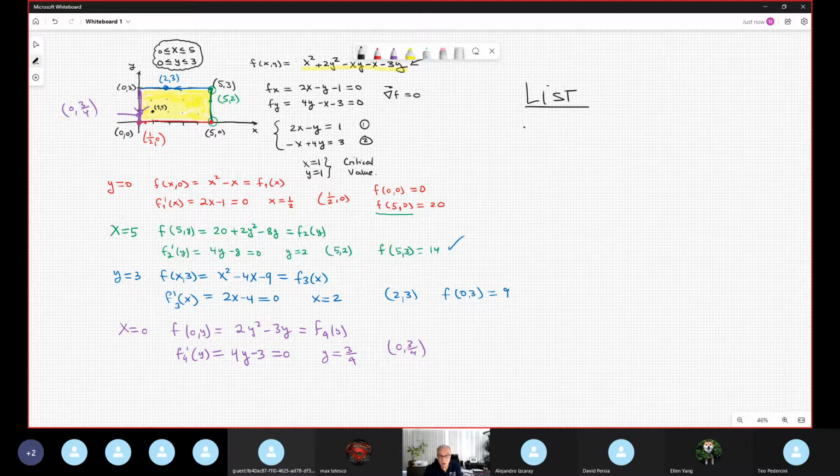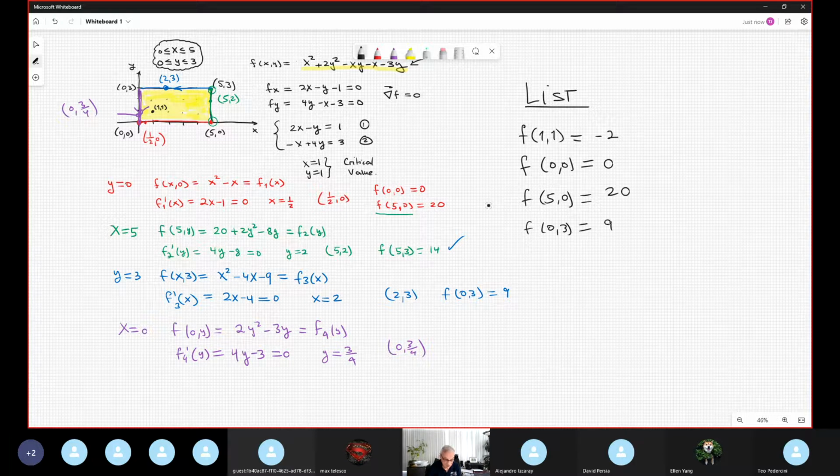And this is the long way. Can you evaluate one by one the original function? I did some, but not all. F at 1,1, the answer is negative. 0,0, I did that. The answer is 0. F at 5,0, the answer is 20. F at 0,3, the answer is 9. F at 5,3, the answer is 14.